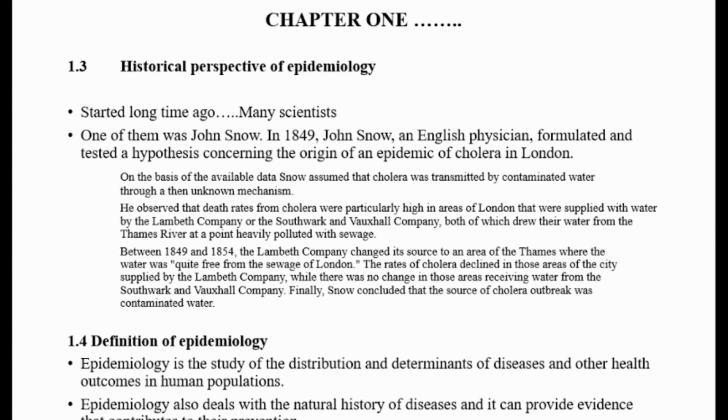And then the rate of cholera declined in those areas of the city supplied by the Lambeth Company, while there was no change in those areas receiving water from the Southwark and Vauxhall Company.